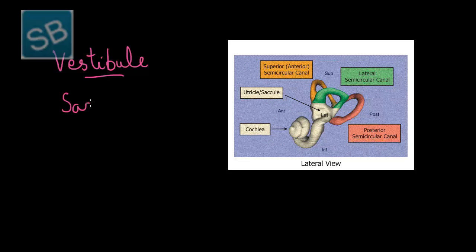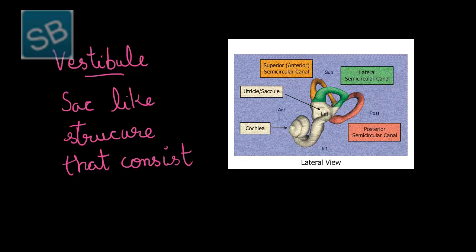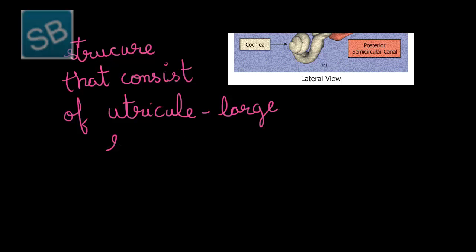Thus, it is a sac-like structure that consists of utricle, which is the larger portion of the vestibule, and second saccule, which is comparatively smaller.